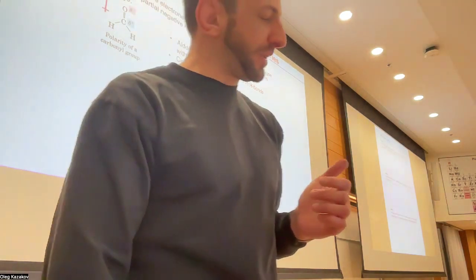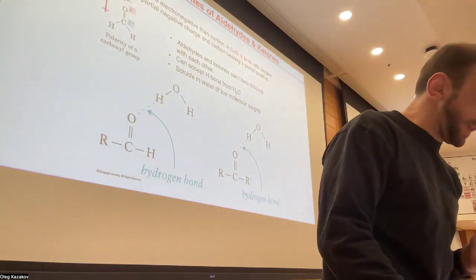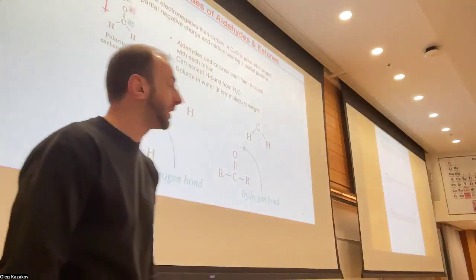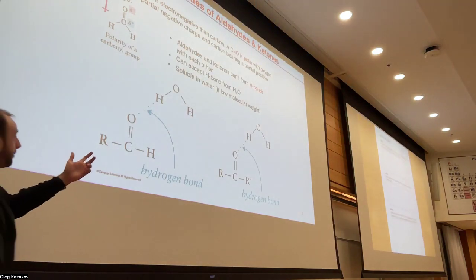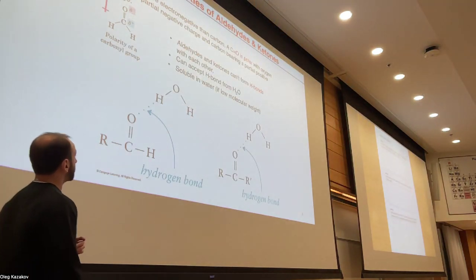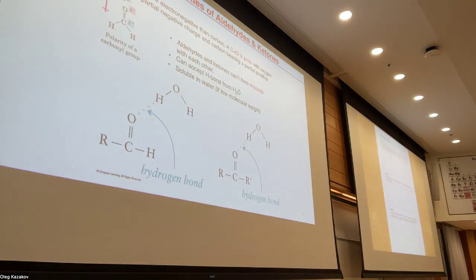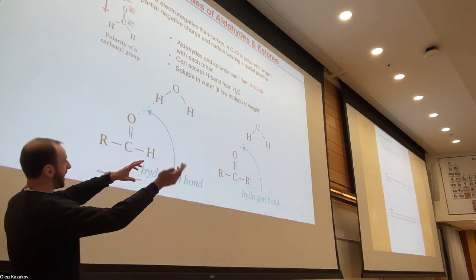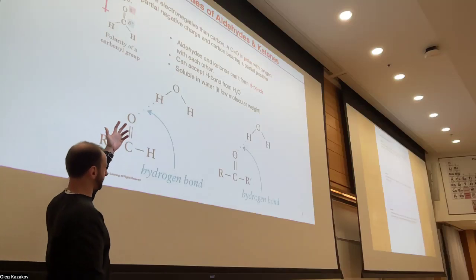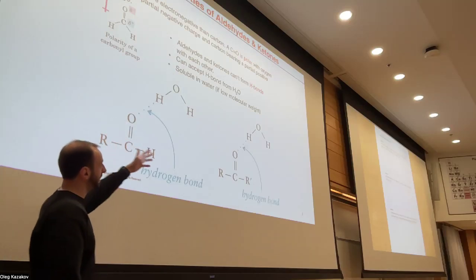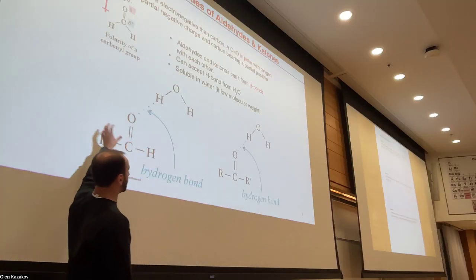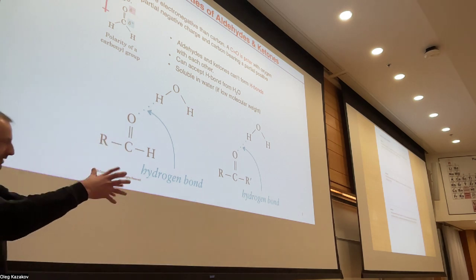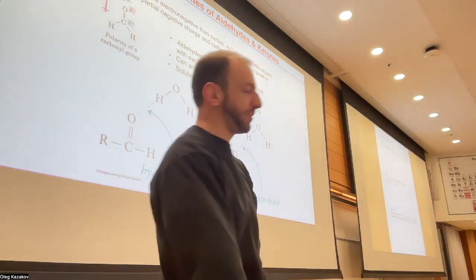So it happens to be the case that if you have, let's say, the aldehyde and the water, the hydrogen bonding will be possible, right? Since you don't have a polar atom-H bond in the aldehyde or ketone, the hydrogen bonding between molecules of aldehydes will not be possible, right?